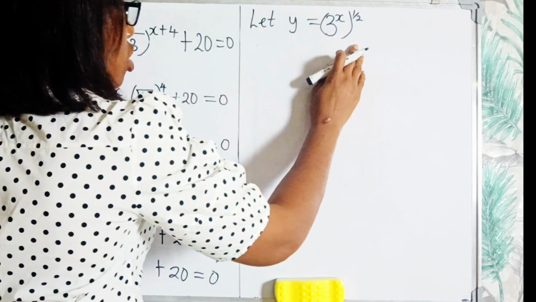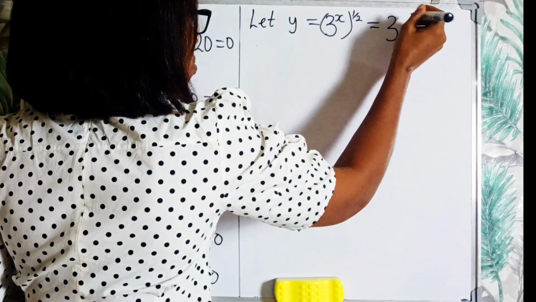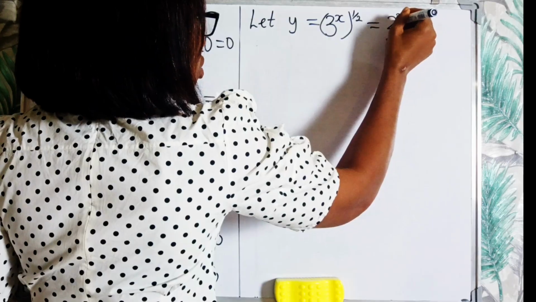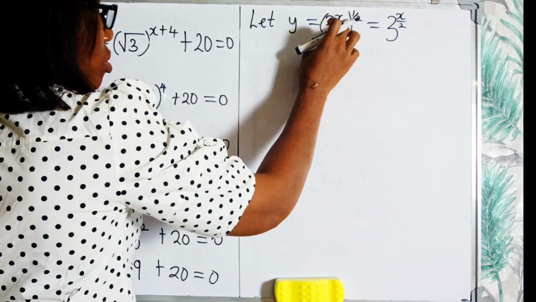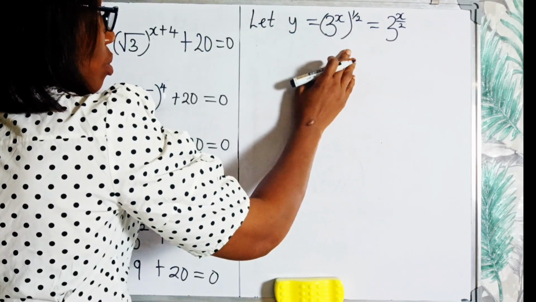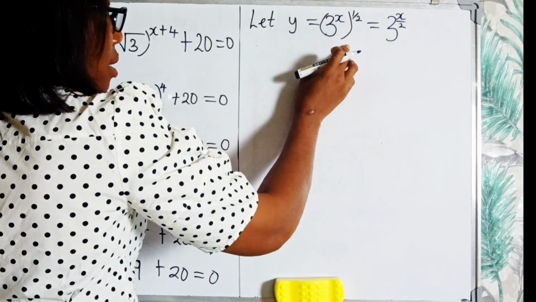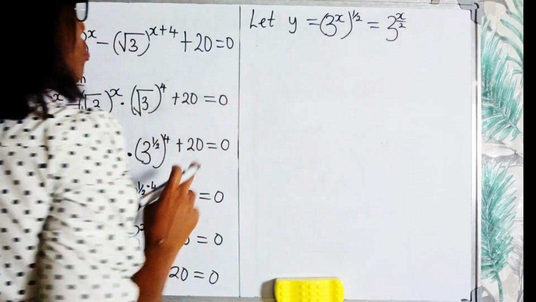So this is also equal to 3^(x/2). I just multiplied the exponent: x times 1/2 is x over 2, and then we have 3^(x/2).